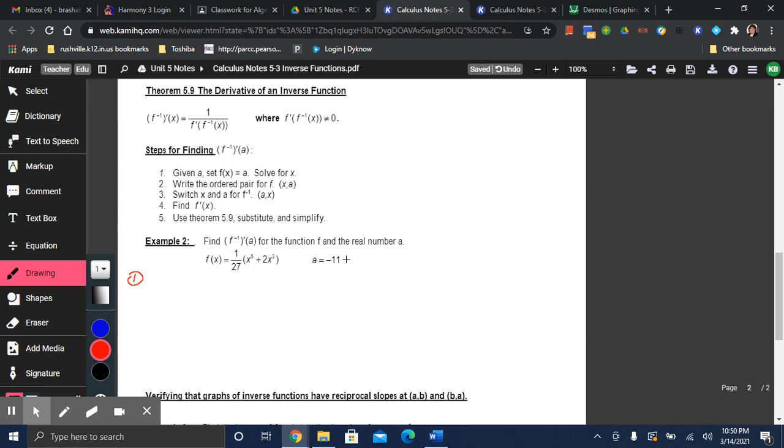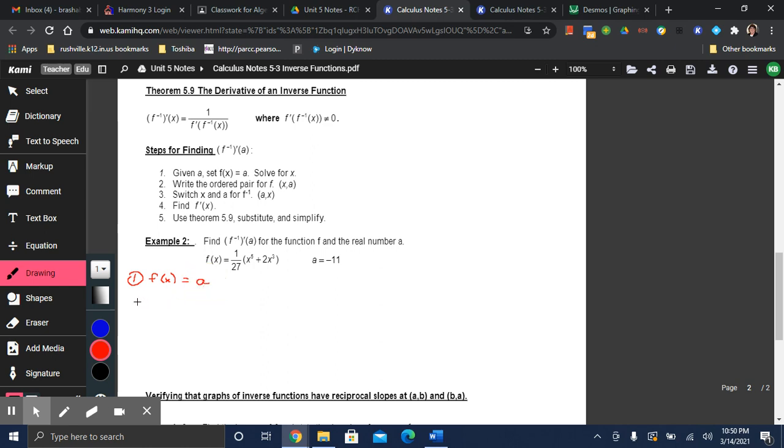says to set f of x equal to a. So this is the x value of our inverse, and we're going to want to find the y value that goes with that. So we'll first do f of x and set that equal to a.